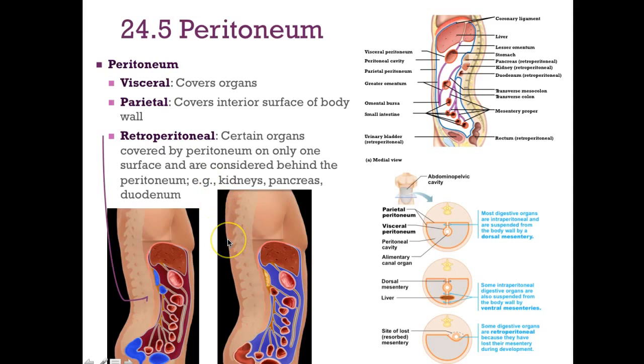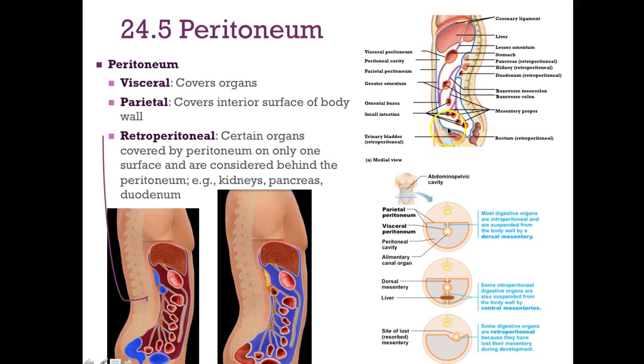So let me see what images we have here to depict this. This is going to be the red line here covering the liver, the red line over here around the stomach, and also the red lines you see going over the intestines. Whereas our parietal peritoneum, this is lining our abdominal cavity.